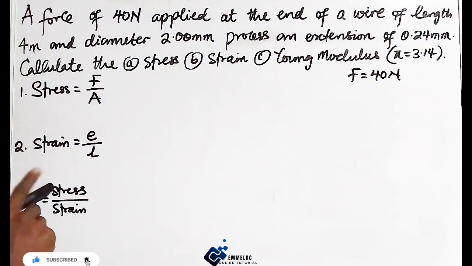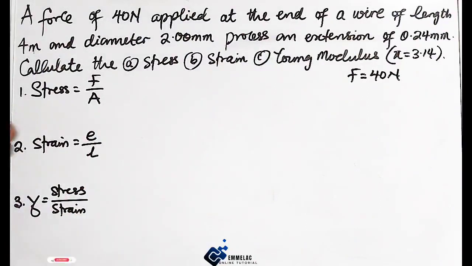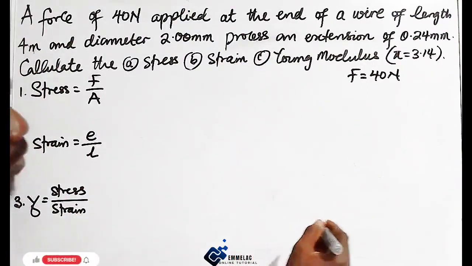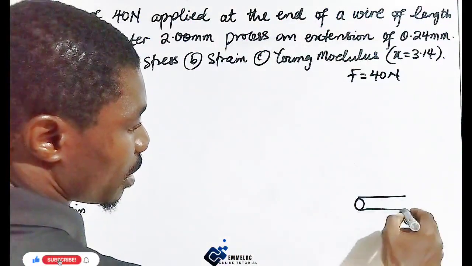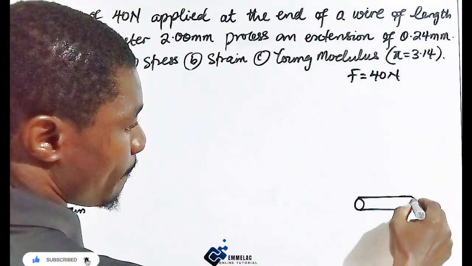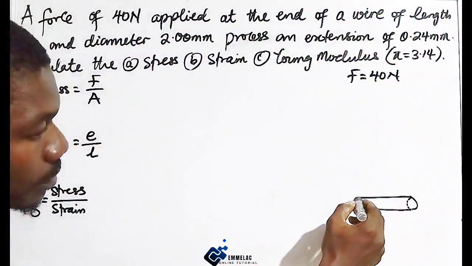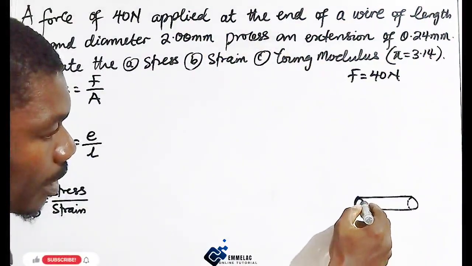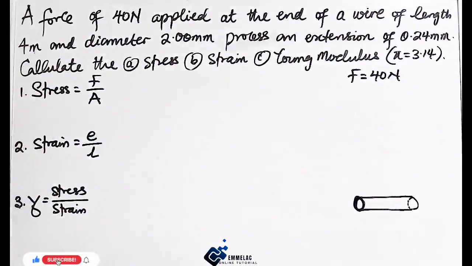From the question we are told that the wire, let us assume, is in the shape of a cylinder, so it takes the shape of a circle.